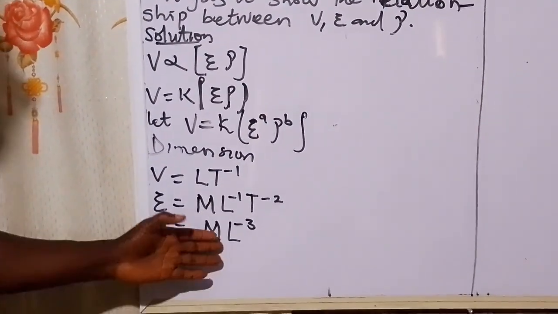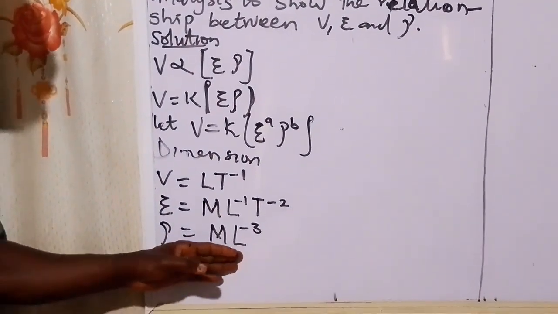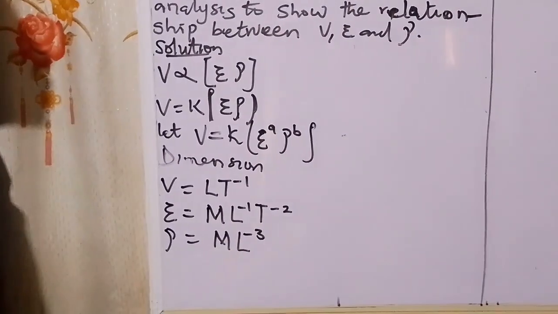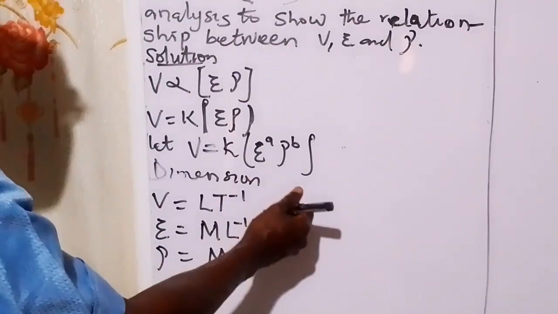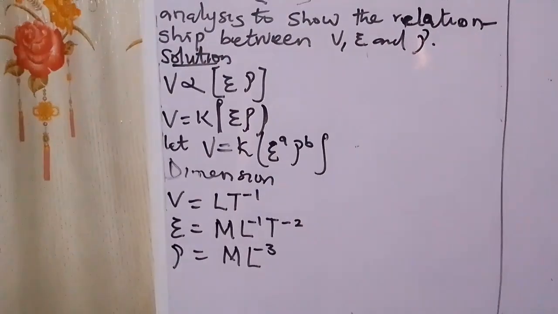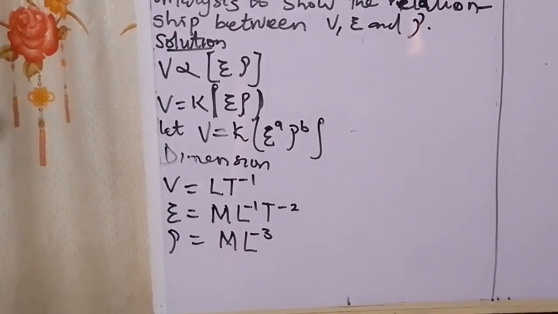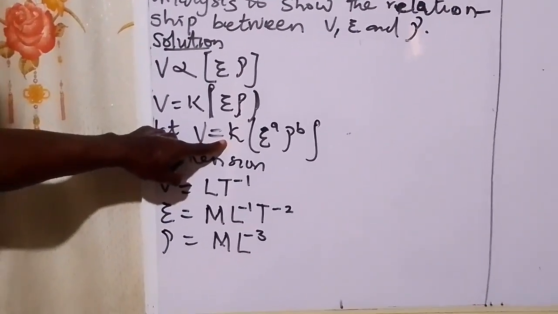So you're able to look at it and study it and comprehend what we are doing here now. So these are the dimensions of speed, Young modulus and density. Let's put it in here now.